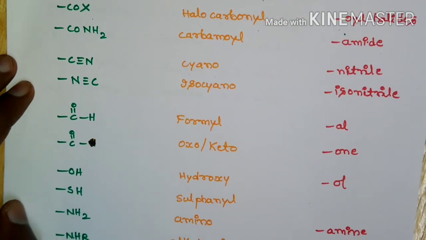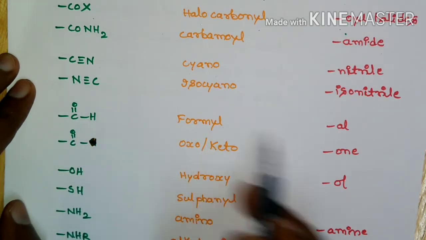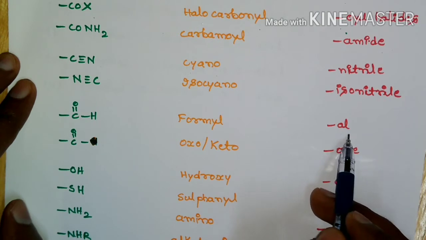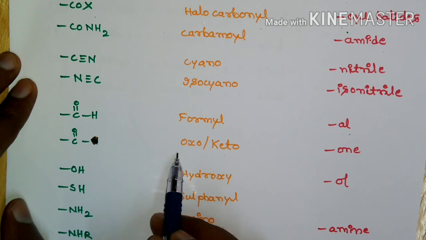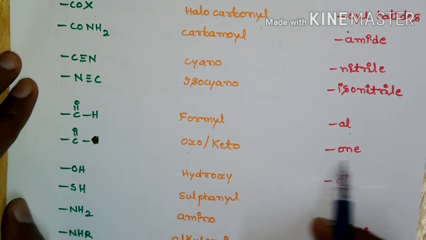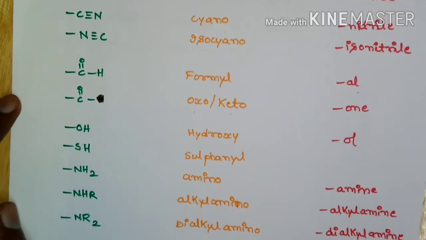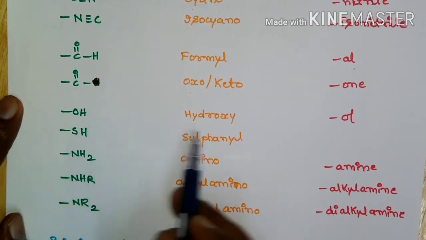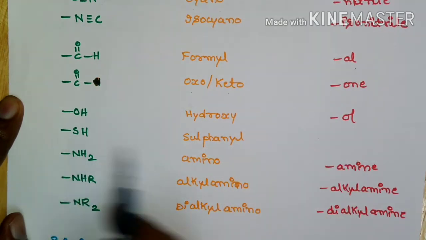If you come to double bonded groups, CHO is called formyl, and as a suffix it is al. Next is the keto group, keto or oxo, with the suffix one. The remaining groups are single bonded groups: OH is hydroxy, with the suffix ol.